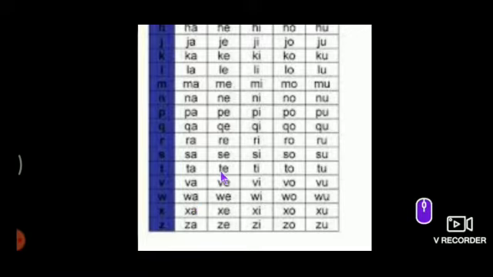Te. Re. No. Mu. Okay, those who have said it right, clap for yourself. Very good. You have learned something. Good, keep it up. One last check.